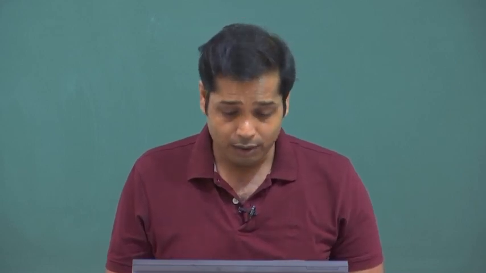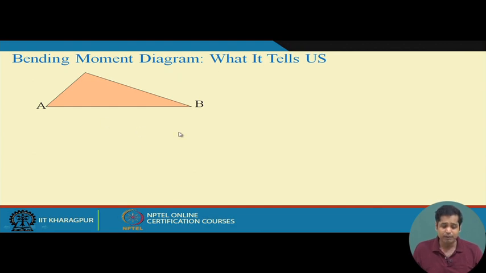Suppose this is a bending moment diagram given to us, and it is also known that we have a support at A and support B. Bending moment is 0 at support A and 0 at support B, so the support condition of the real beam is that there will be no constraint against rotation. Naturally, this is a hinge support and this is a roller support.